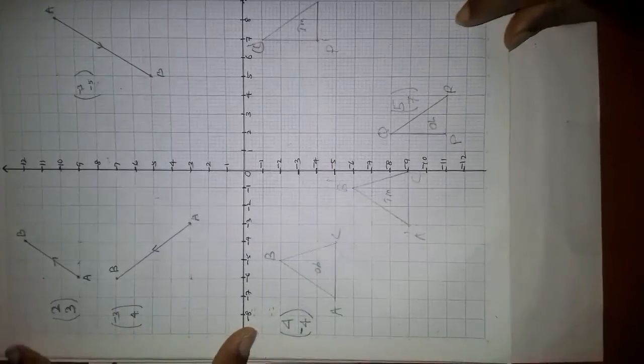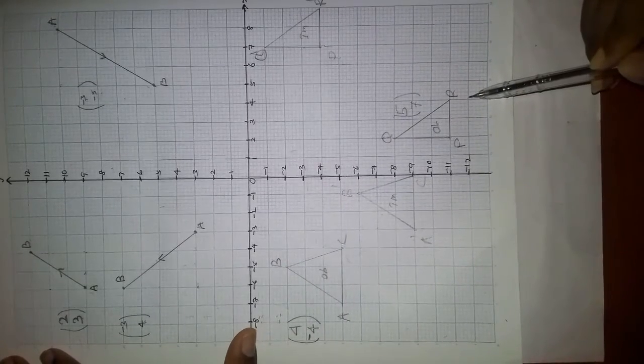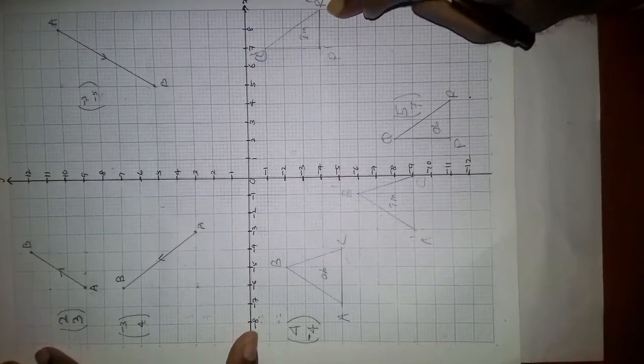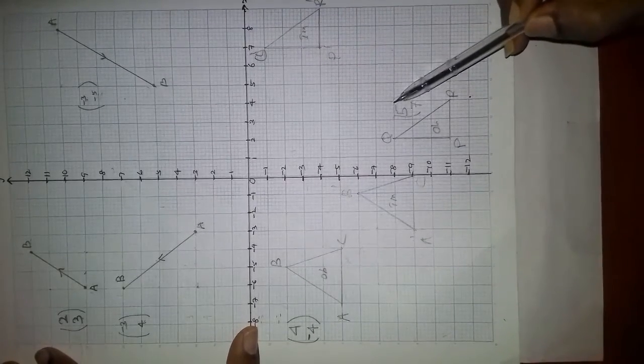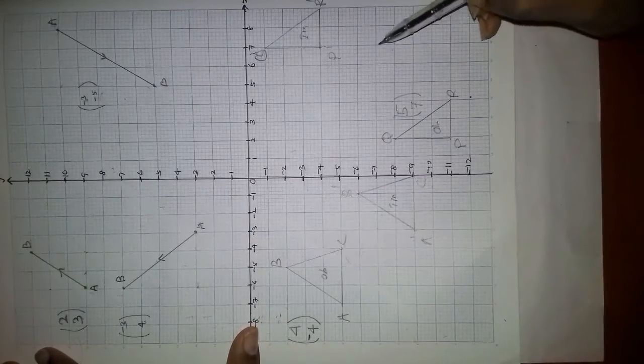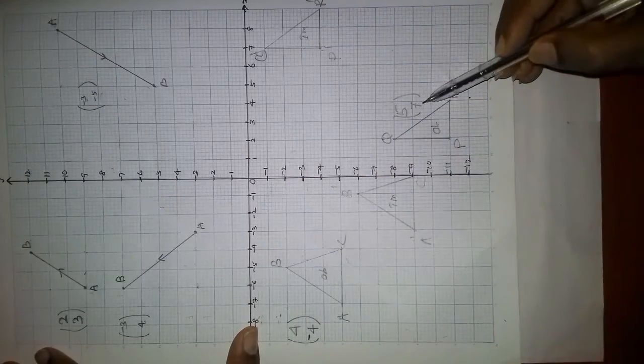Now the next example, look at this one. This triangle PQR has been translated onto this triangle P dash Q dash R dash. Then we will see the vector: 1 2 3 4 5 units rightward, 1 2 3 4 5 6 7 units upwards, then (5, 7).